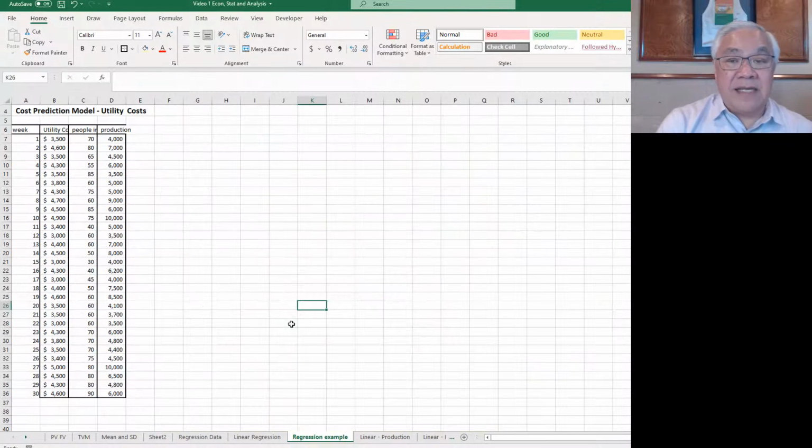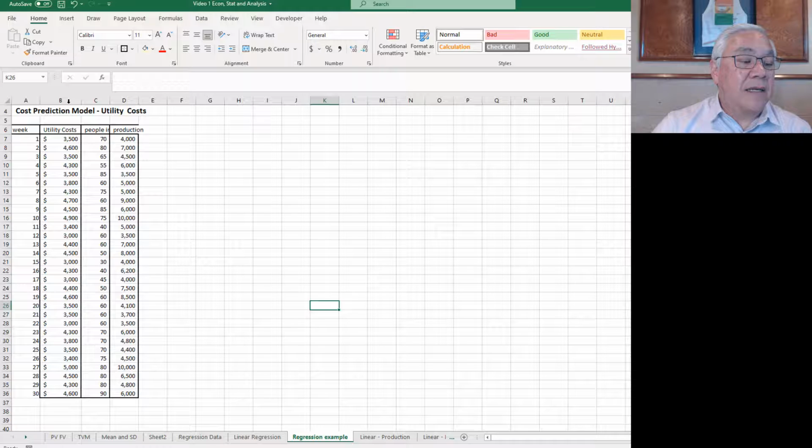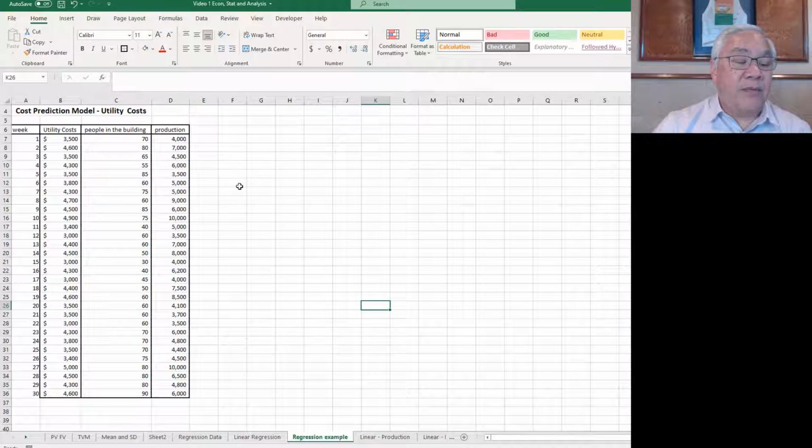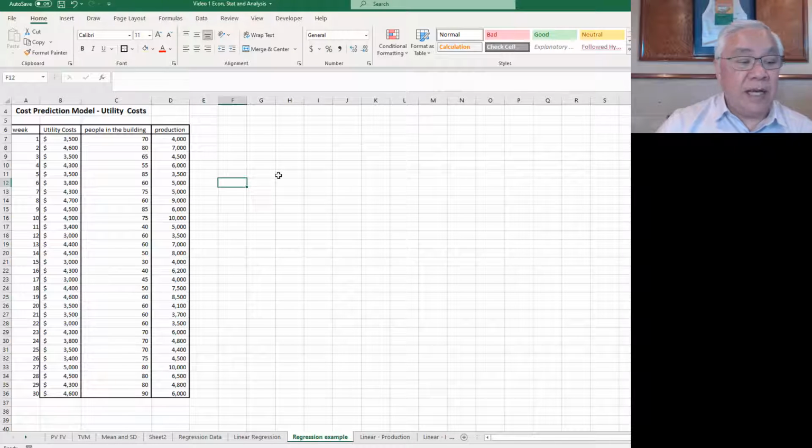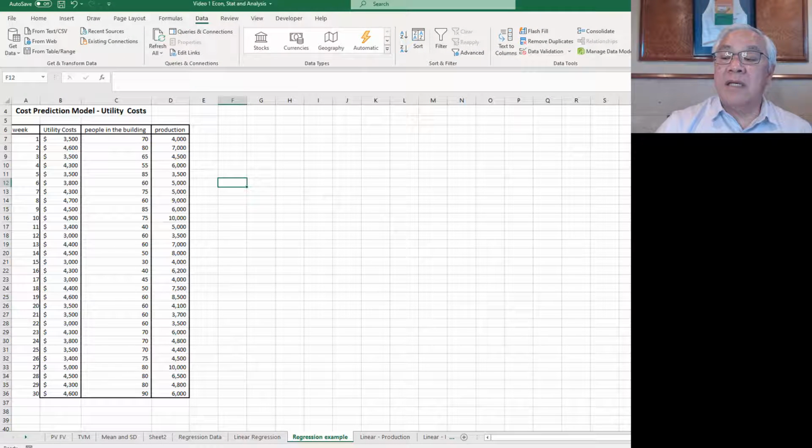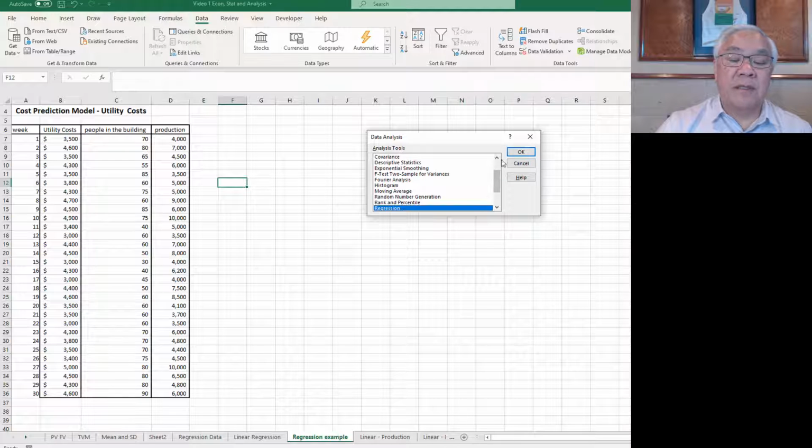All right, here's the same data except in Excel. So we have utility cost, and then we have the people in the building, and production in units. And let's start with linear regression and just do it with people. So we're going to go Data, Analysis, Regression.